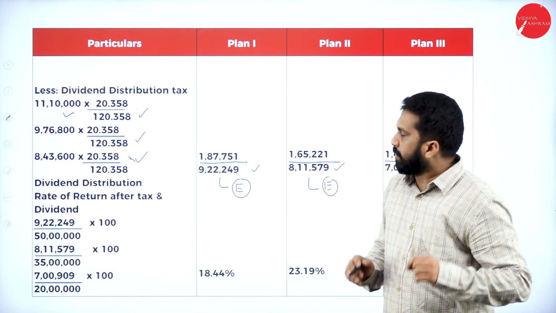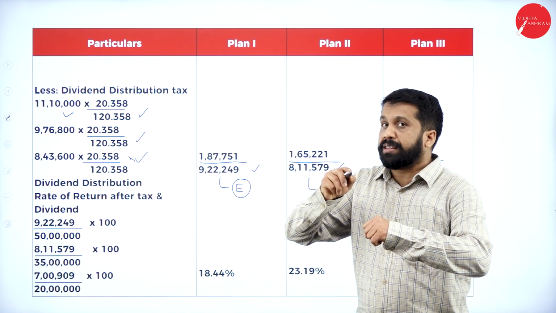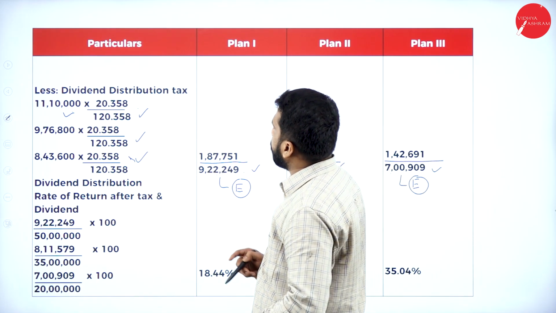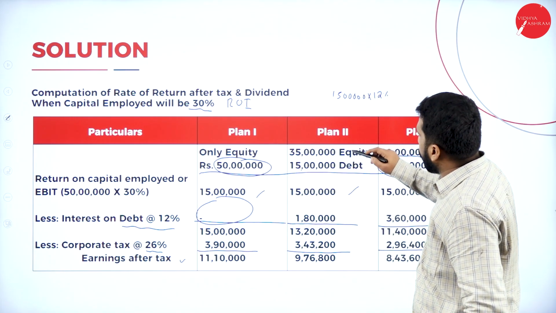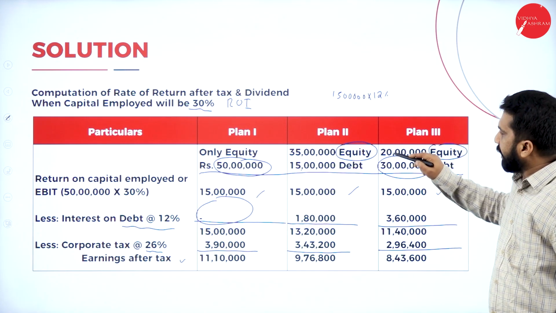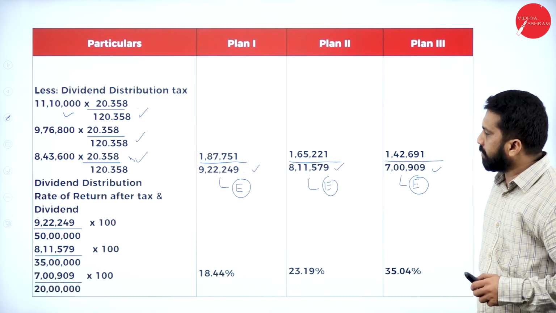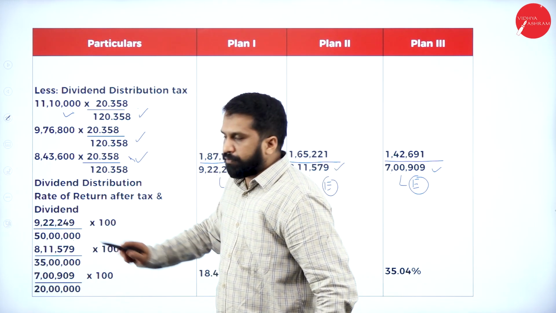How do you compare? Take this value 9 lakh 22, multiply with 100. What is your equity? In the first option, 50 lakh. Second option, 35 lakh. Third option, 20 lakh. Only consider equity. Now see, 9 lakh 22 into 100 divided by 50 lakh.